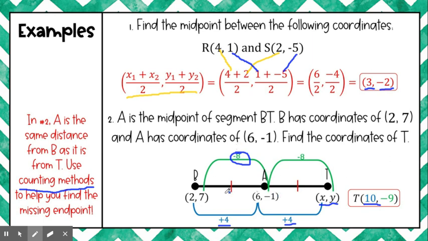If these two pieces are congruent as they're marked with the tick marks, we're going to do it again to get this next y value. So -1 minus 8 is -9. So just using the number line to figure out your missing endpoint.